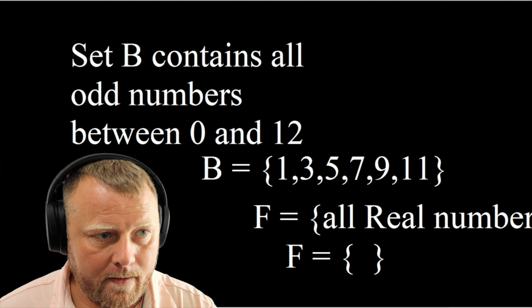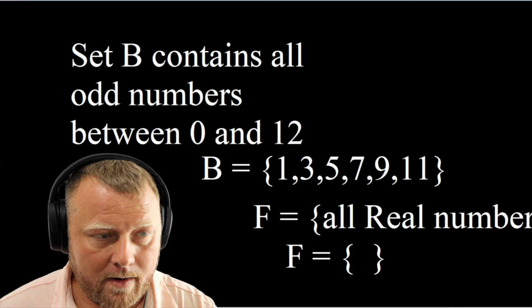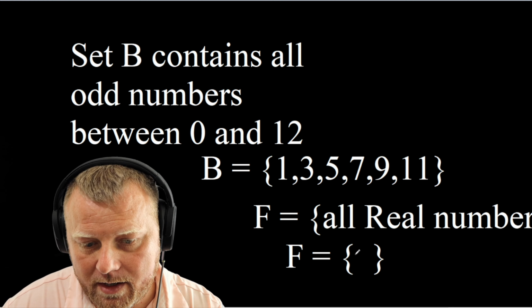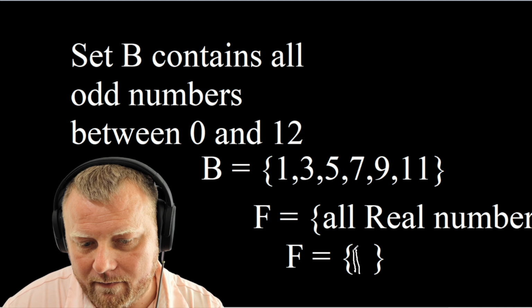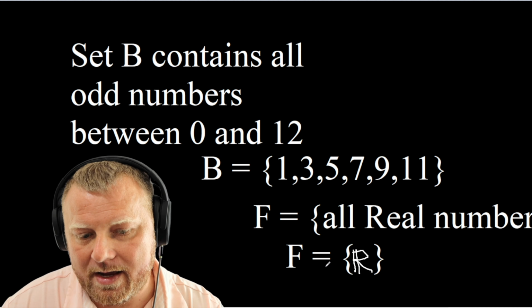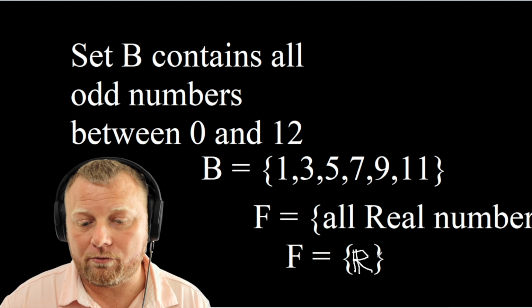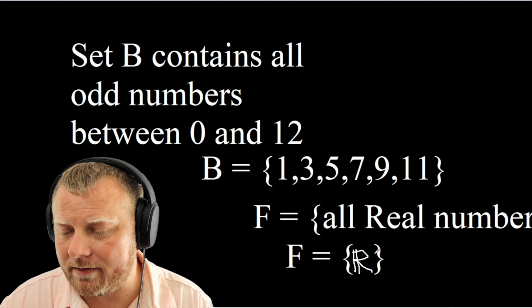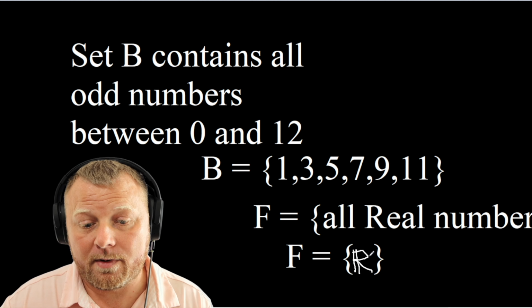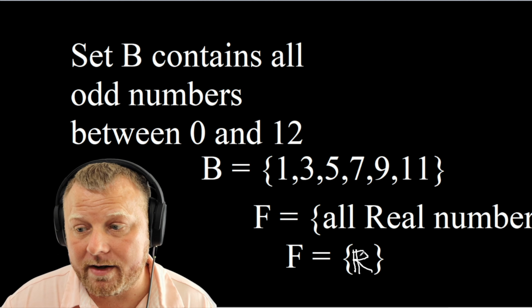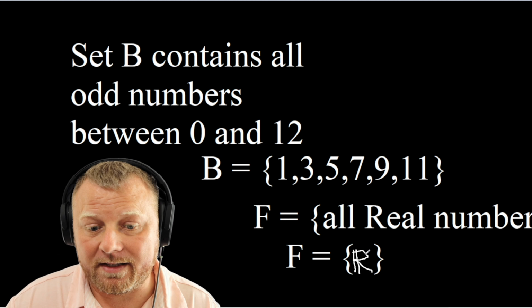Remember what real numbers are on that number line I was talking about. It's like two little vertical lines and then the R. So F is equal to all real numbers: 2.2579, square root of 2, 5/5, pi. All of those numbers are in this set. So virtually every number that you could probably think of is in this set.